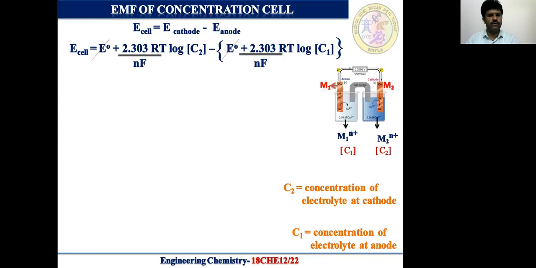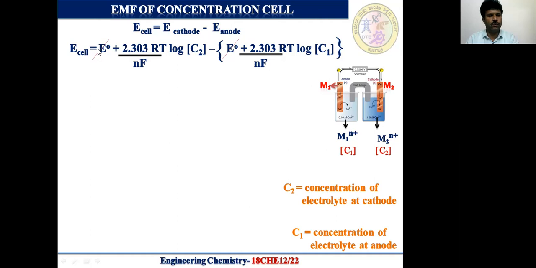So let's derive the expression for the EMF of a concentration cell. As we know, EMF of the cell is equal to the electrode potential of the cathode minus the electrode potential of the anode.